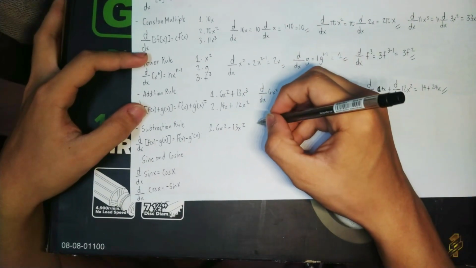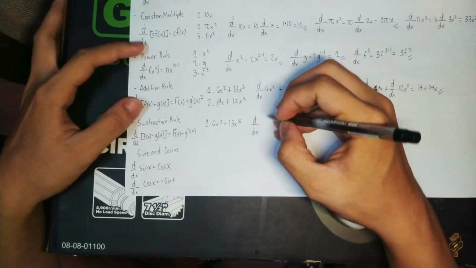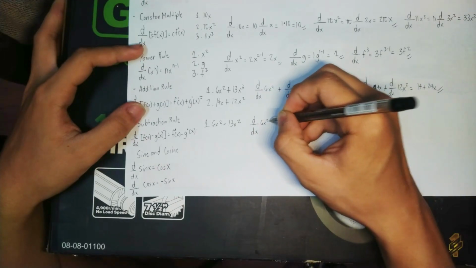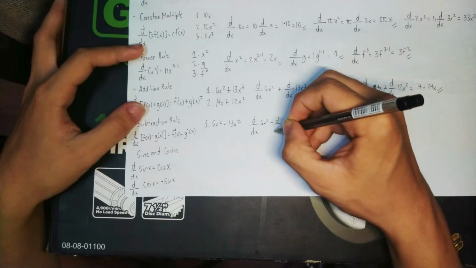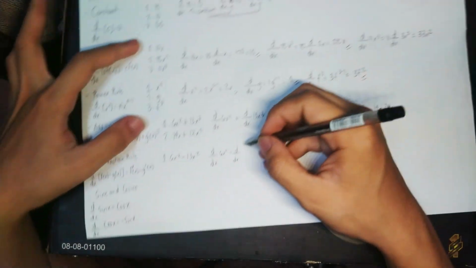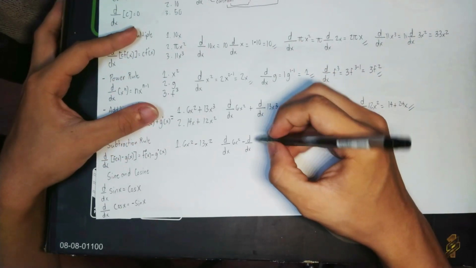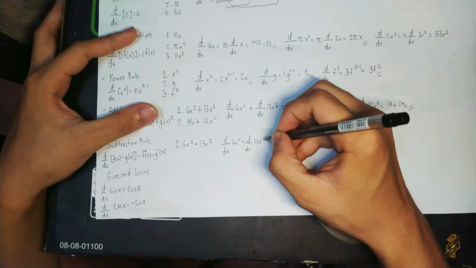The subtraction rule states that f of x minus g of x is equal to f prime x minus g prime x. It's basically the addition rule, but for subtraction. So there's 6x squared minus 13x squared.